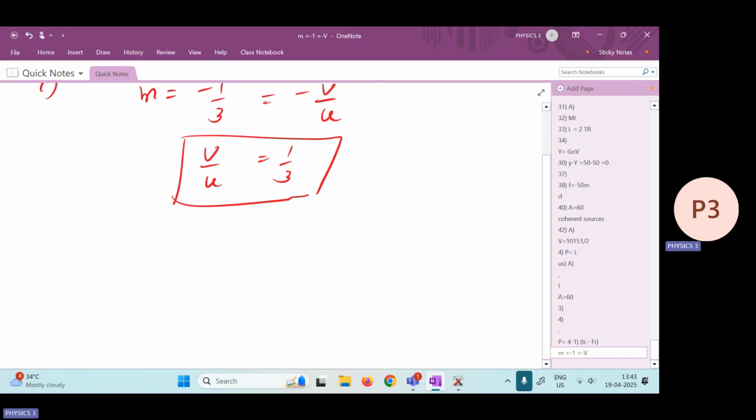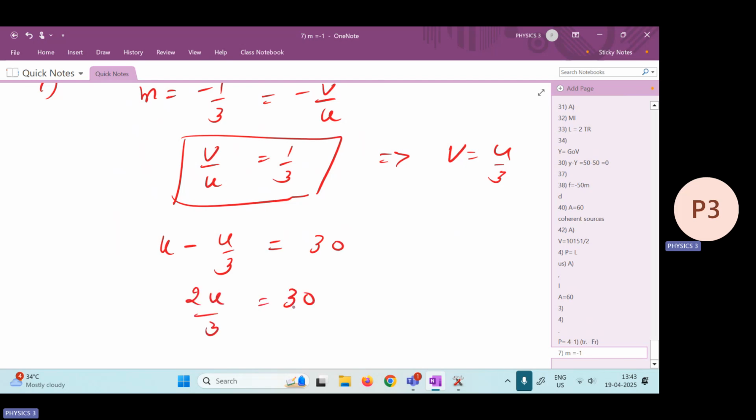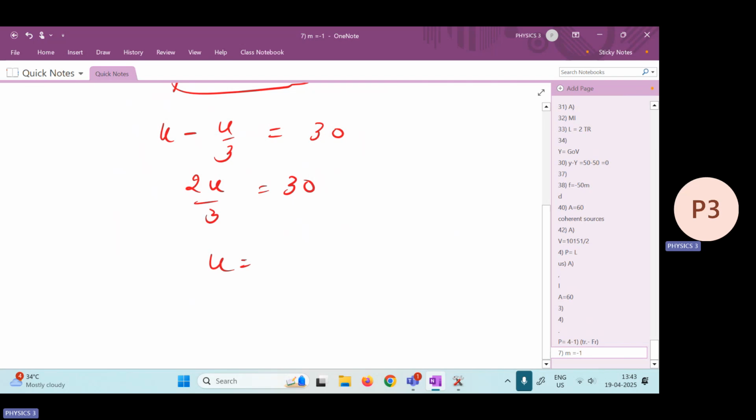And the distance between image and object is 30 centimeter. From here you can write v is equal to u by 3. So if v is u by 3 and u is u, the distance between them will be u minus u by 3. That we have given is 30. So 2u by 3 is 30. So u comes out to be equal to 90 by 2, which is 45 centimeter.